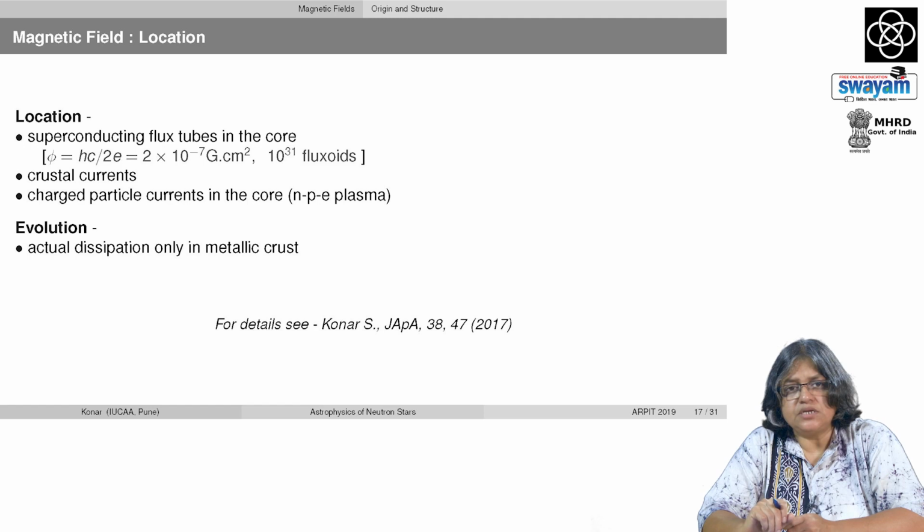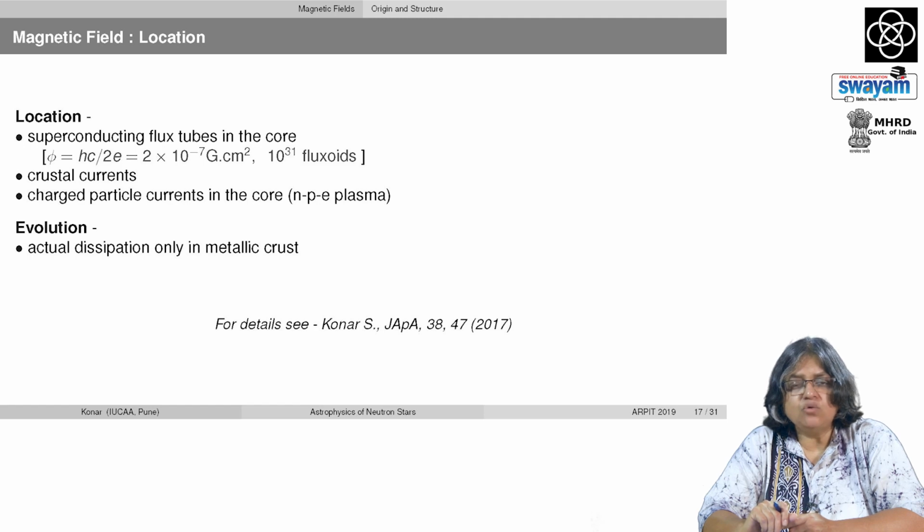Depending on the generation scenario, the magnetic field could be located in different parts of the neutron star, either in the superconductor as superconducting flux tubes, as we have seen and discussed before.